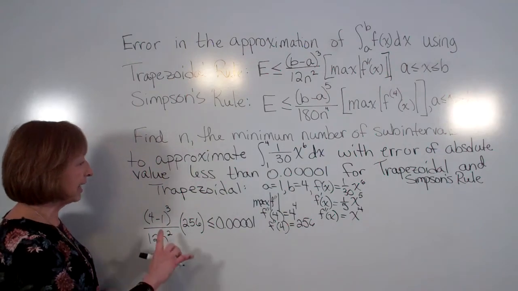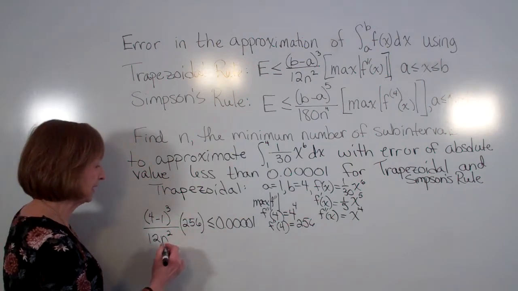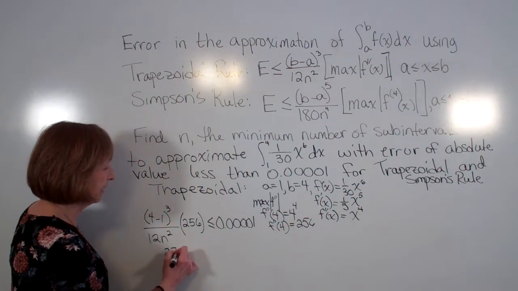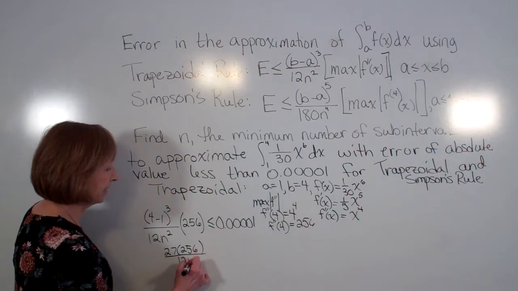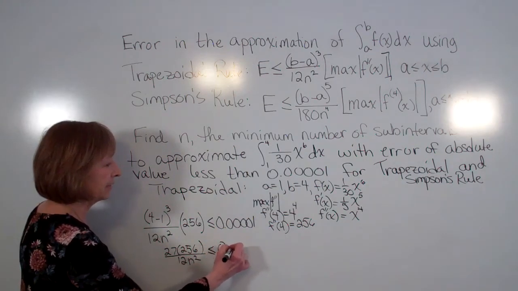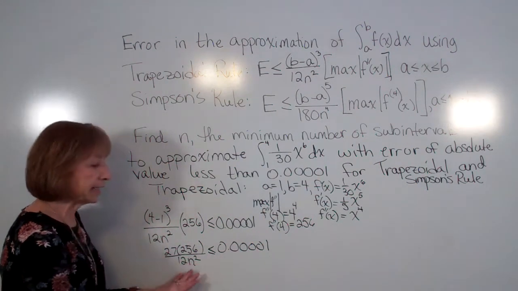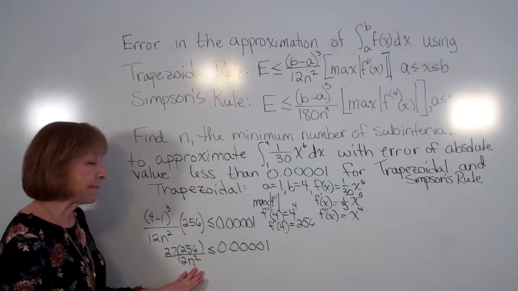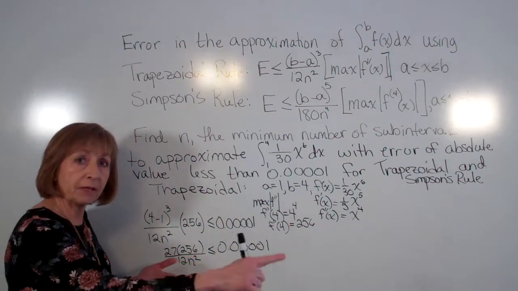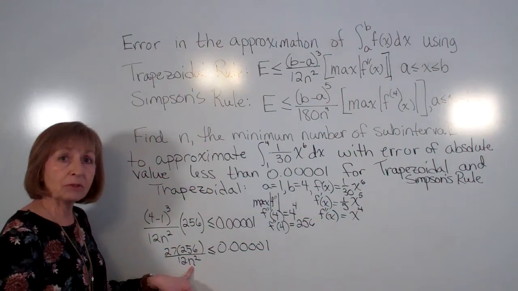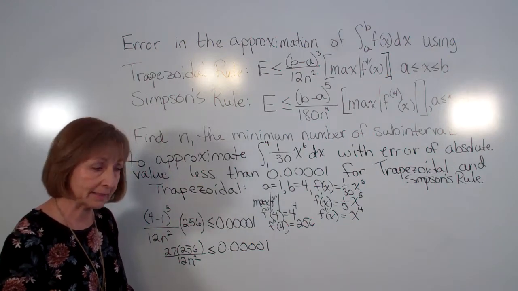Now I need to solve this for n. In solving this, there are other things you can simplify. 4 minus 1 is 3, and 3 cubed is 27. So I have 27 times the 256 over 12n squared is less than or equal to 0.00001. Now I want to solve for n squared. Well, n squared is a positive value. It's the number of subintervals. And so I can multiply both sides of an inequality by a positive number, and my inequality is still preserved.